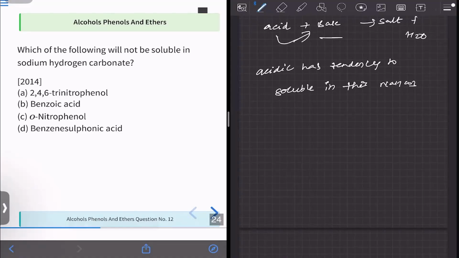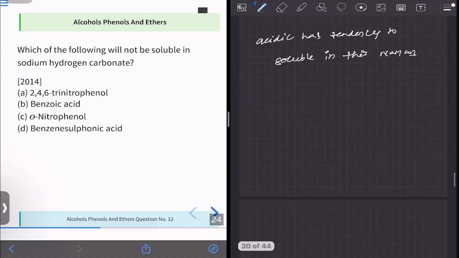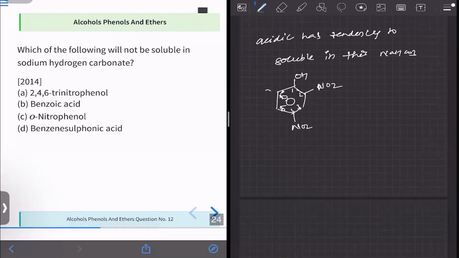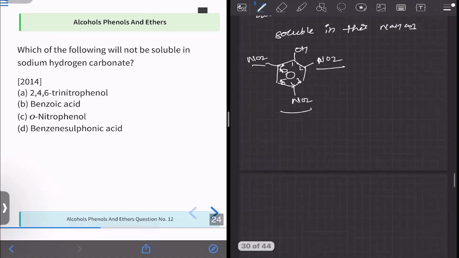Let's see the options. Option A is 2,4,6-trinitrophenol. What is phenol? It contains a benzene ring with an OH group, and here nitro groups are present at the ortho and para positions, not at meta.